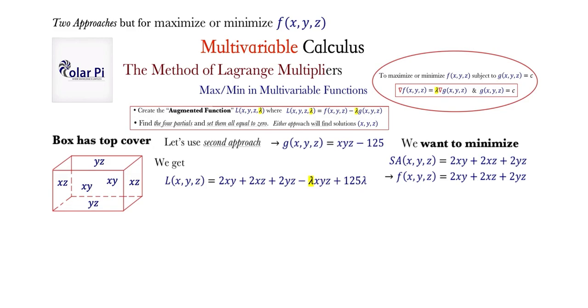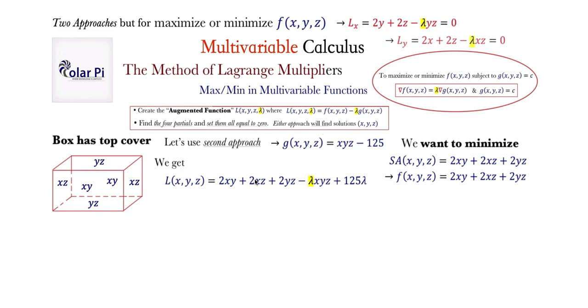Okay, and then what we said from here is that you find four partials. The partial with respect to x, and let me talk you through that a bit more carefully. What we said is we set the partials all equal to 0. That's why you have equal to 0 here. The partial with respect to x of this means we'll treat all other variables, variables that are not x, as constants. So in this part, 2y is a constant, so you have 2yx really, and the derivative of that is going to be 2y, and that's what I've got.